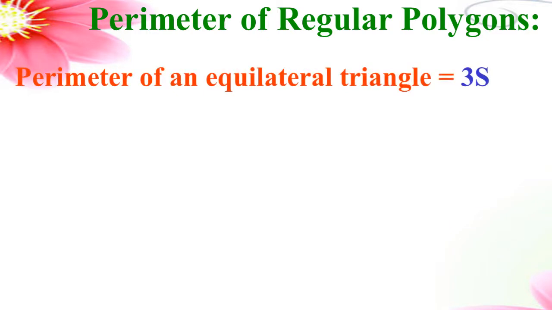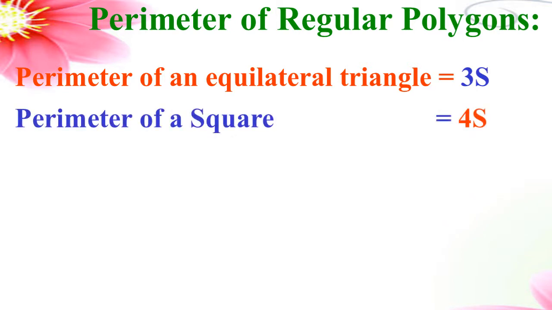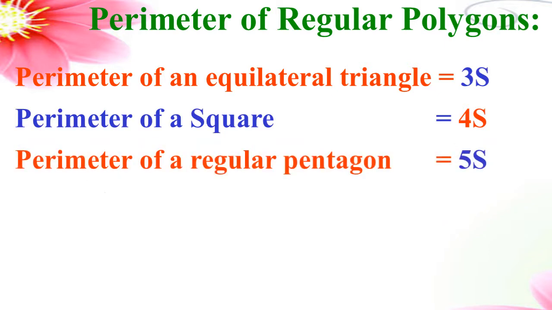Next, perimeter of regular polygons. Perimeter of an equilateral triangle equal to 3s because an equilateral triangle has 3 sides. Next, perimeter of a square equal to 4s. Next, perimeter of a regular pentagon equal to 5s because a regular pentagon has 5 sides.